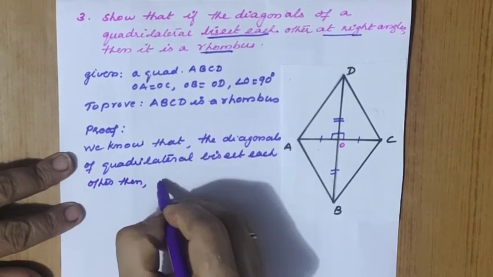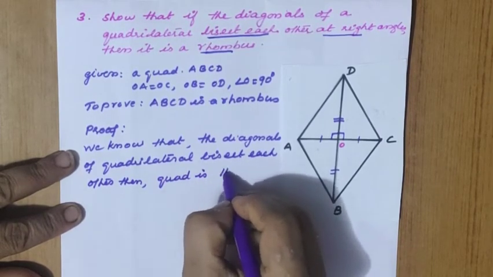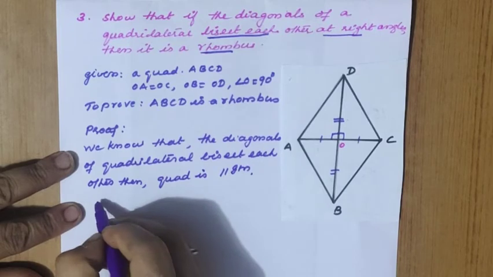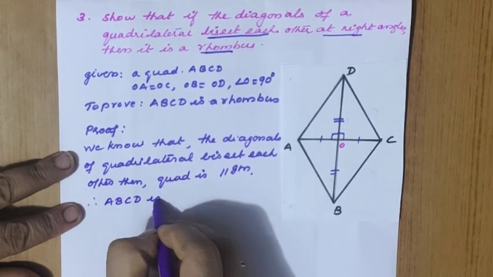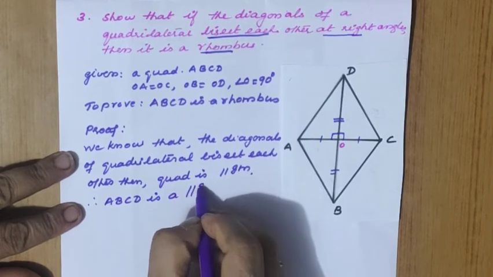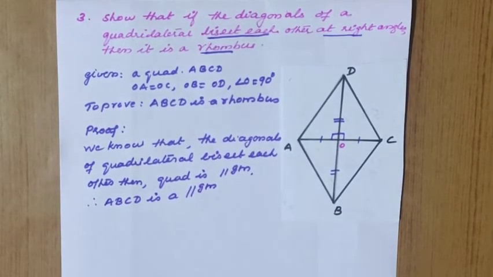Then the quadrilateral is a parallelogram. Therefore, ABCD is a parallelogram. This is the first statement we have to write, right? What we have to write? ABCD is a parallelogram.